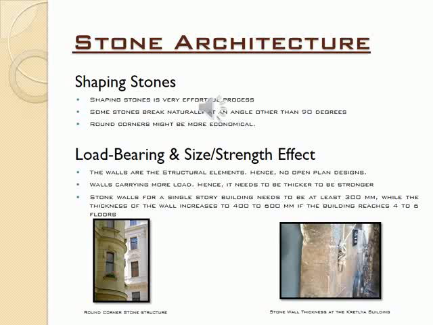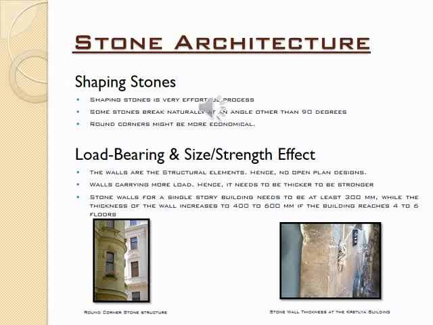Also, in terms of the future of the building, you cannot amend the walls or the structure or the plan or the design according to a future need or a future requirement. And also, because the walls are carrying the structure, the walls need to be thicker than concrete structures, where it can reach 250 millimeter max.